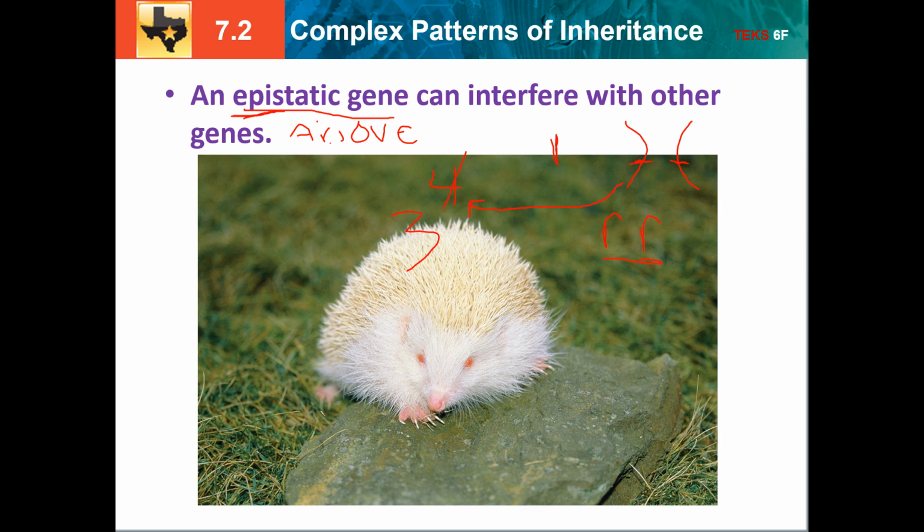So going back to this definition, an epistatic gene, this gene here, can interfere with other genes. It makes a protein that will affect the production of pigment molecule proteins from these other 3 genes, which would normally make the different skin color. Instead, this homozygous recessive copy is blocking the production of the other genes.